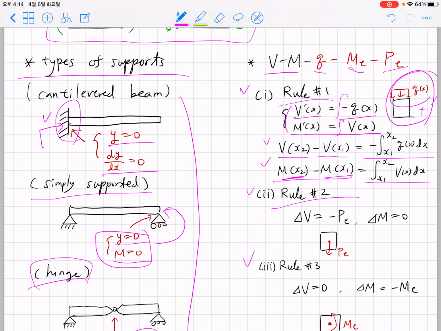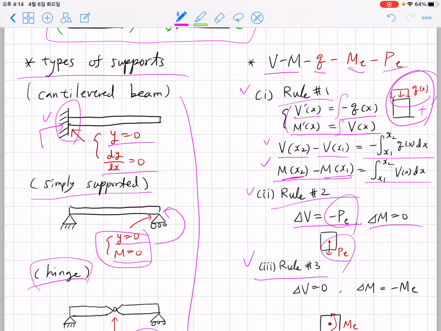Regarding rule 2, when you have a point external force, then delta V, the jump or discontinuity in the V diagram, is the same as negative P, and the jump in moment is 0.